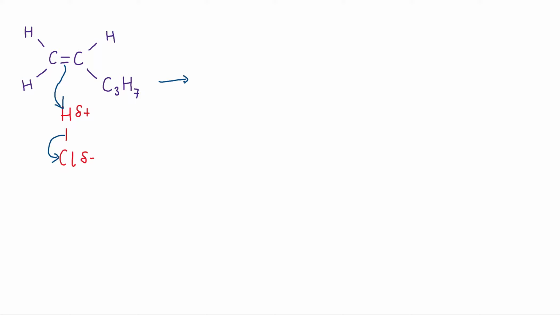So there are 2 possible things that can happen here. Okay, so I'm going to draw both of them, and over here each route is going to lead to a different product. So one thing that can happen is, I'm just going to keep the C3H7 the way it is, like that. One thing that can happen is that our hydrogen bonds to that very first carbon.